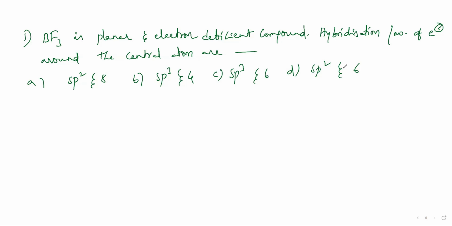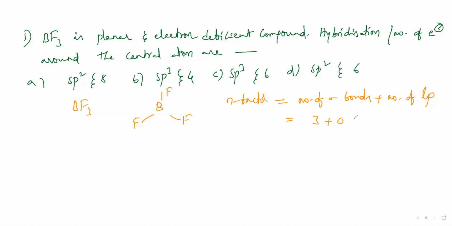So what is its structure, hybridization, number of electrons? Let us consider BF3. Boron has 3 sigma bonds, right? Now what is the N factor? I told you during chemical bonding: number of sigma bonds plus number of lone pairs. How many sigma bonds can you see? 3. Is there any lone pair on boron? 0. So 3 means one s and the remaining will be p, so that is sp2.